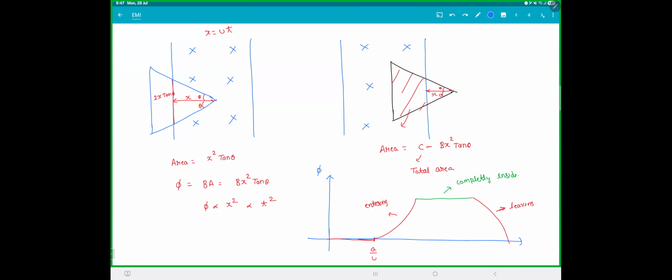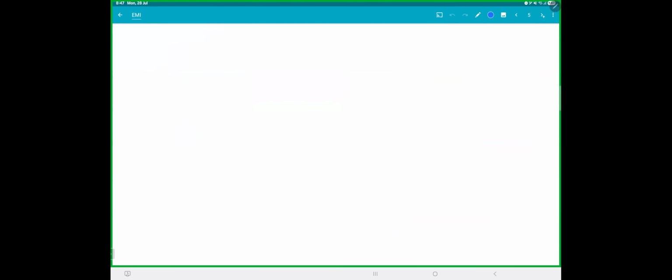Flux question. So I could have asked the same thing in electric flux also. Infinite wire, square loop, side a.